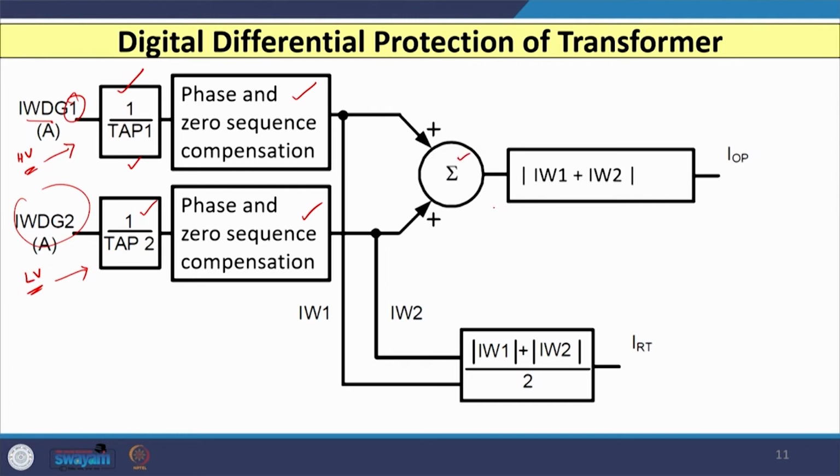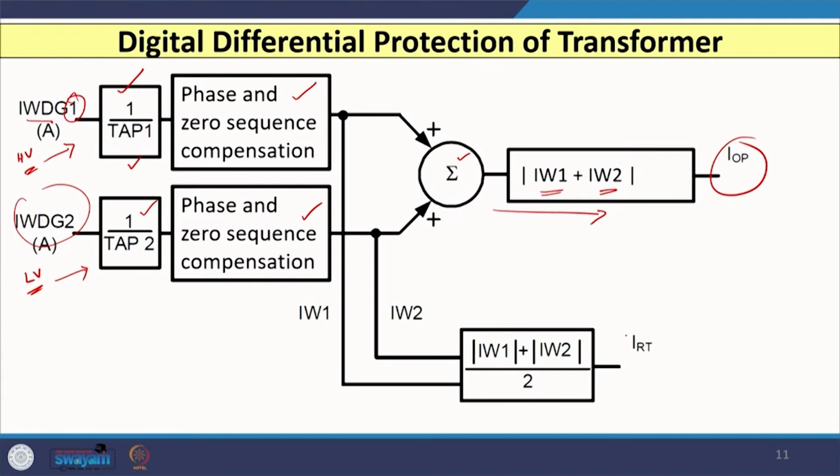Finally, the operating current is nothing but the vectorial addition of two currents, one from the HV winding and another from the LV winding. So, if you have 3 currents in the HV winding RYB and similarly 3 currents in the LV winding, also RYB, then you have to do this vectorial addition phase wise.